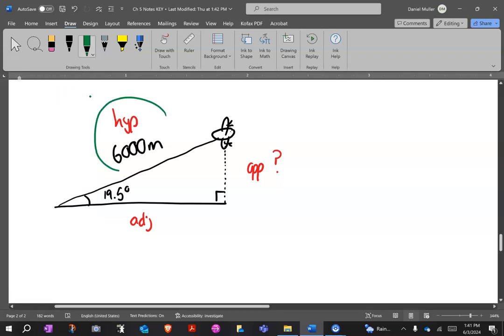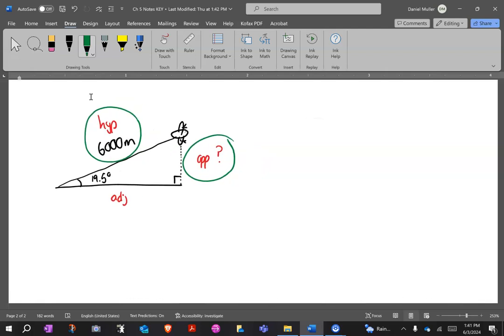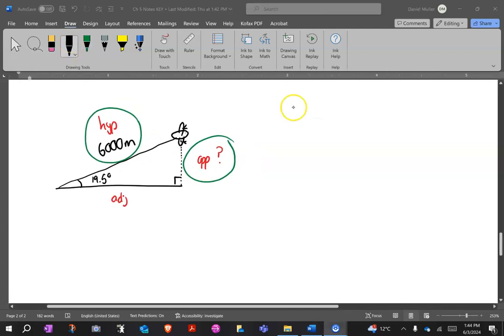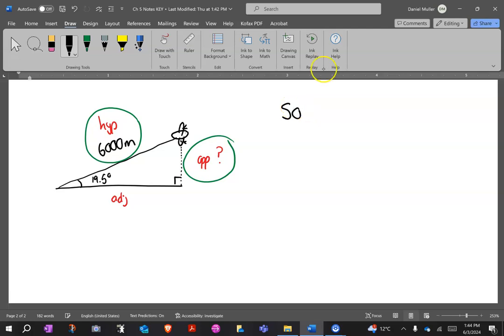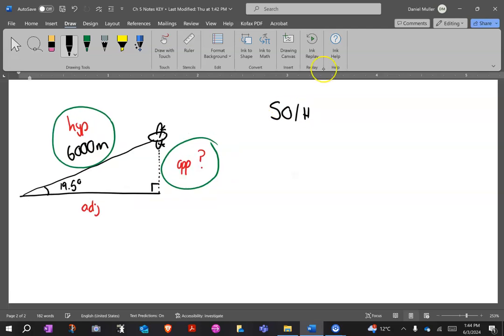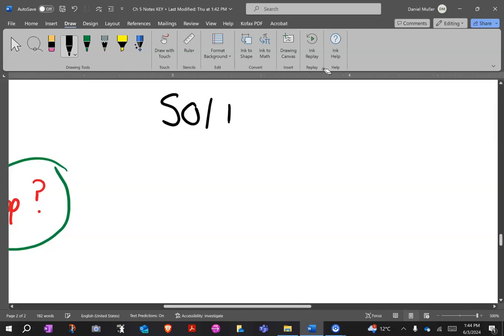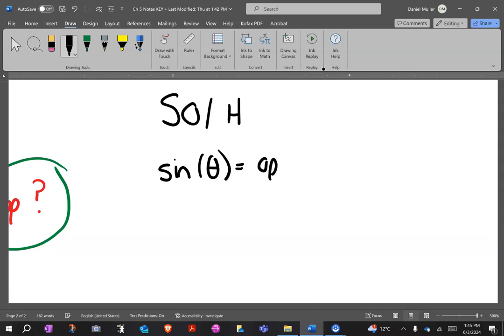So I have the hypotenuse, and I need the opposite, H and O, so that's going to be a sine formula. So, I have to use the sine formula. Sine of theta equals opposite over hypotenuse.